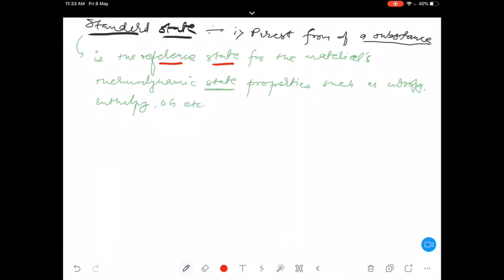Sometimes or generally we define it so, not all the time. For example, for phosphorus, the most stable thermodynamic state will be black phosphorus, but still the standard state which we are going to use is white phosphorus. Different allotropic forms are there. The reason being that we use the native or natural state of that particular substance.